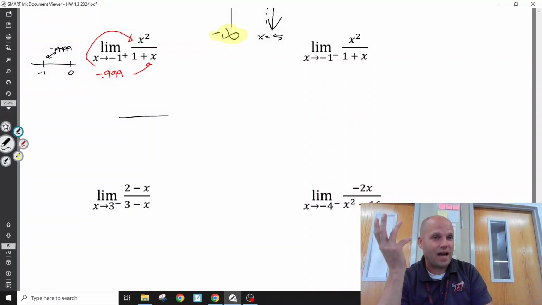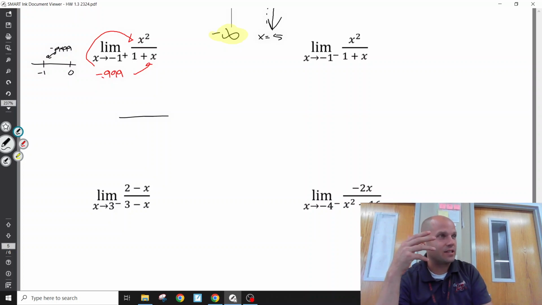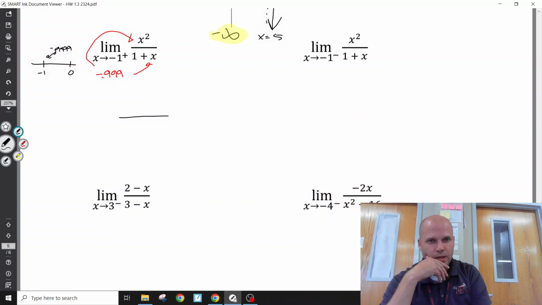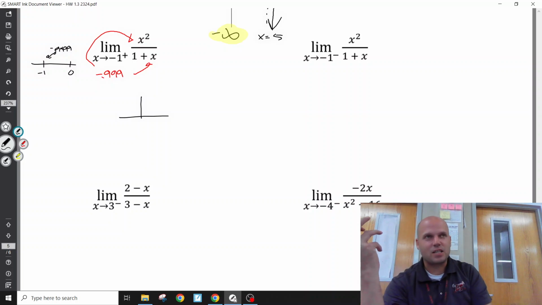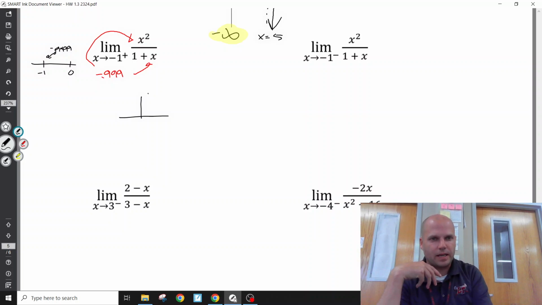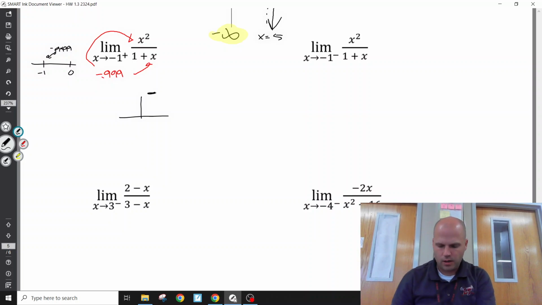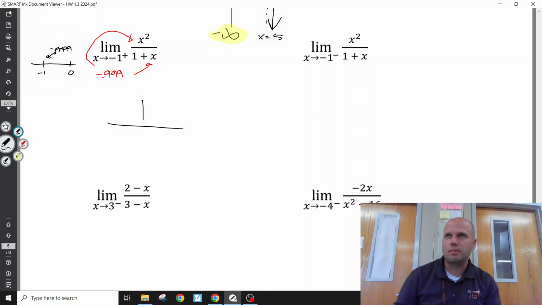If I take -0.999 and squared it, I'm going to get something close to 1. Now, is it a little bit less than 1? Sure, it's probably a little bit less than 1. But I actually don't care because 1 to the left and 1 to the right is still like +1. And understanding that it's a positive value is actually the most important thing.